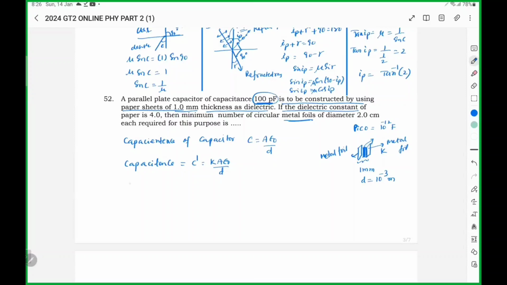So for one capacitor, the area here is circular, these are circular metal foils. Pi r square will be the area, epsilon naught by d, here d is 10 power minus 3.